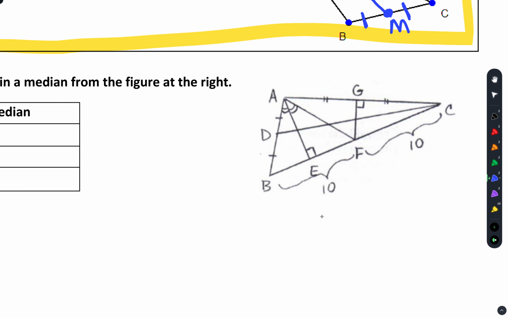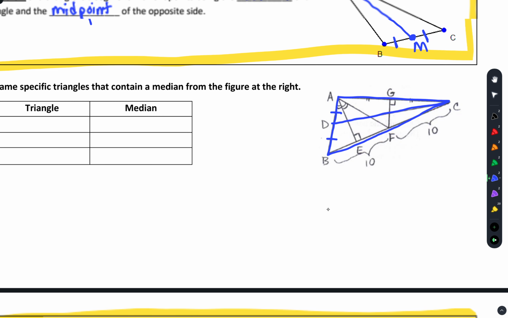If I look at this entire triangle, ABC, then CD is a median because it bisects that segment at the bottom there. D would be my midpoint. So your first example is triangle ABC, where CD is a median.